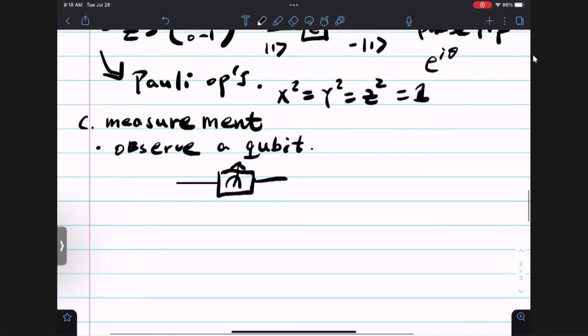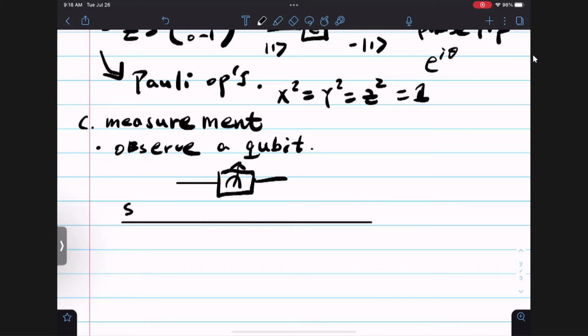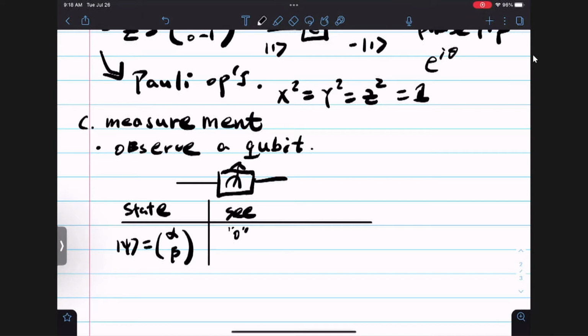So when we observe a qubit, when we apply a measurement on a qubit, what happens is, well, it's slightly complicated. Suppose we have an input, we have a state psi. We're going to see two possibilities when we observe it. We're going to either see 0 or 1.